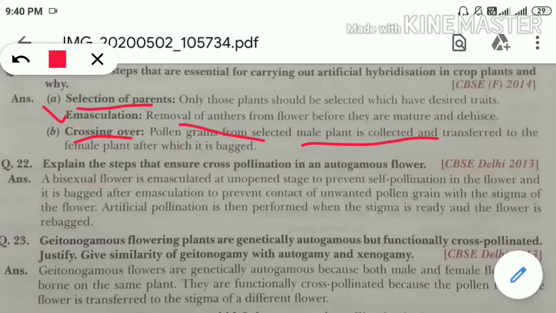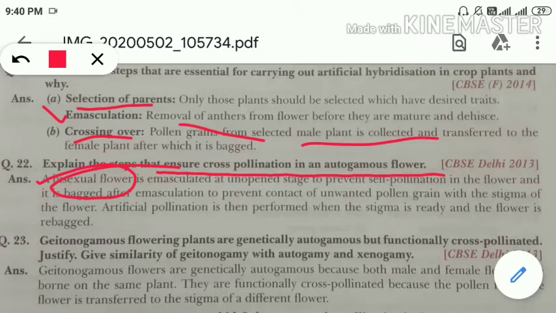After that, crossing, that means dusting of pollen onto the female flower, or female part. Now explain the steps that ensure cross pollination in autogamous flowers. Autogamous flower means the flower is bisexual. Just remind the outbreeding devices.